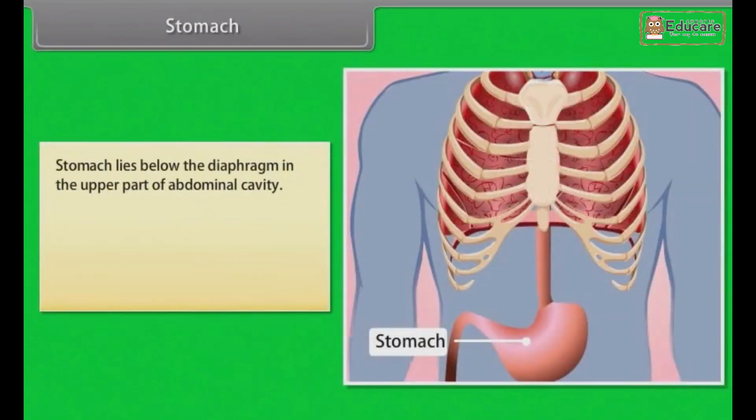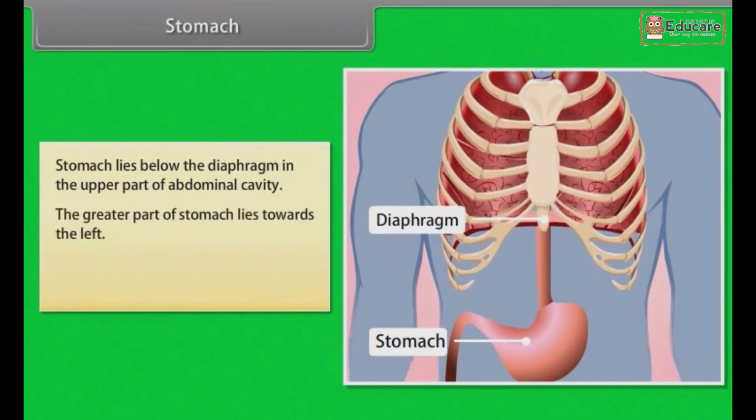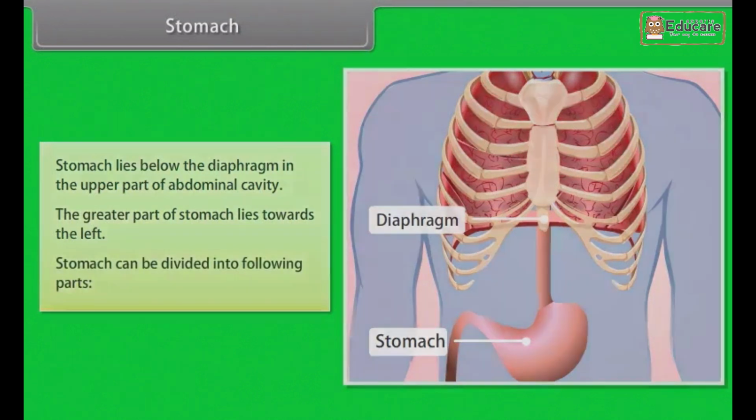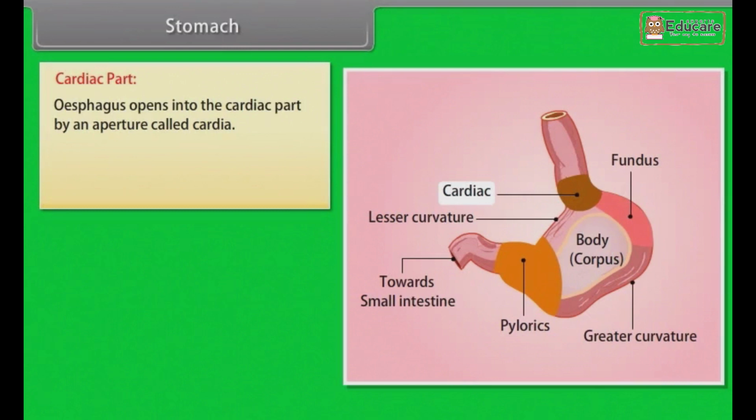Stomach. The stomach lies below the diaphragm in the upper part of the abdominal cavity. The greater part of the stomach lies towards the left. The stomach can be divided into the following parts. Cardiac part. The esophagus opens into the cardiac part by an aperture called the cardia.